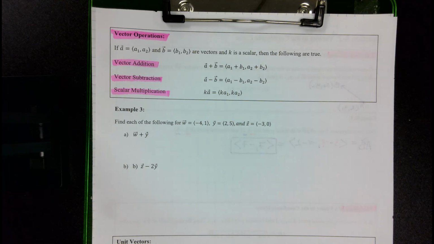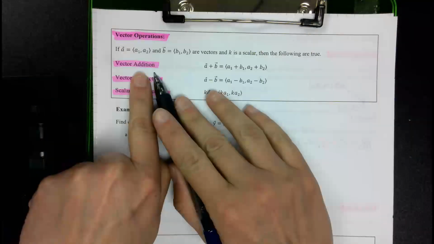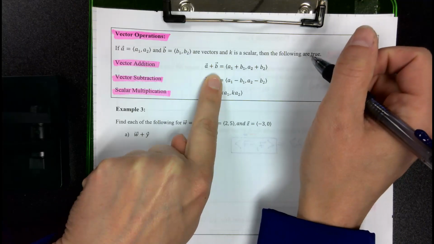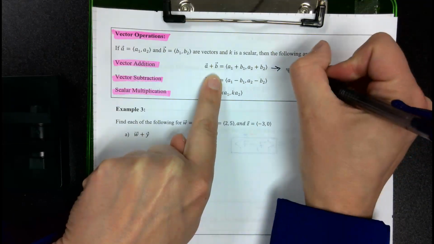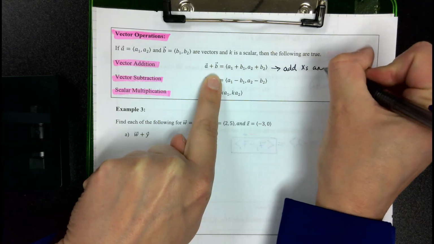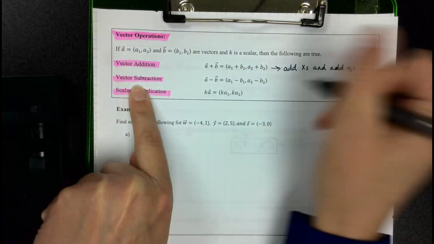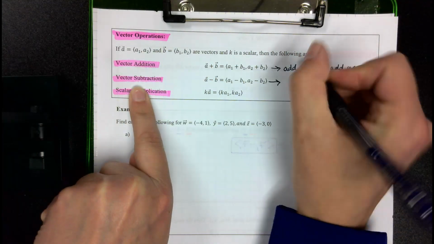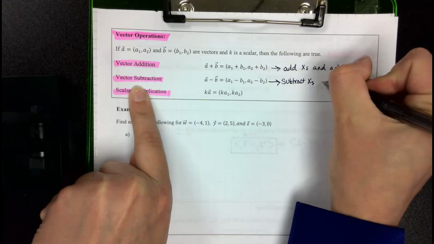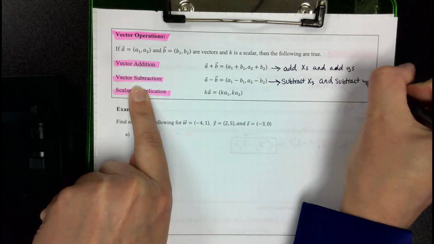Okay, so what this is telling me, without reading it because it'll just sound like a bunch of blah blah blah, is vector addition, vector A plus vector B. I'm going to add the x's and add the y's. To do vector subtraction, similarly, I am going to subtract x's from each other, and same with the y's, subtract y's.